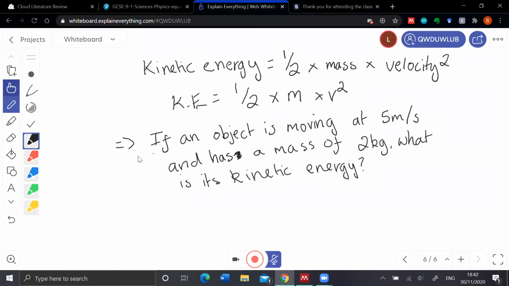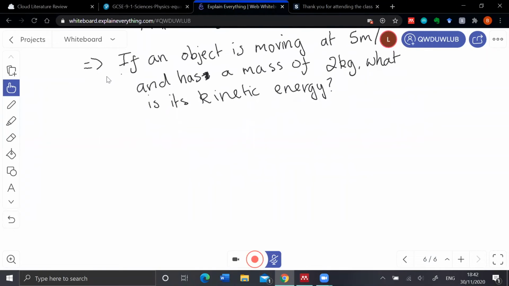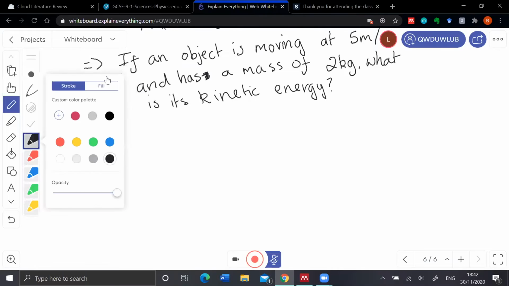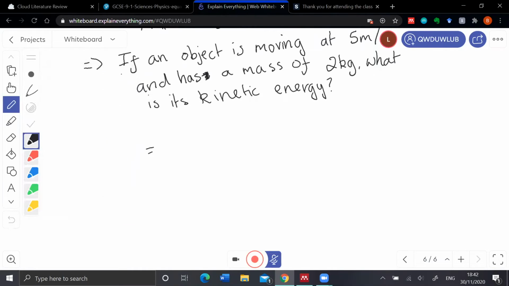So again, substituting numbers, that's all. So KE is 0.5 into a calculator.